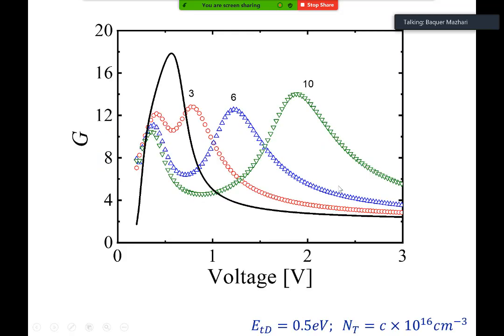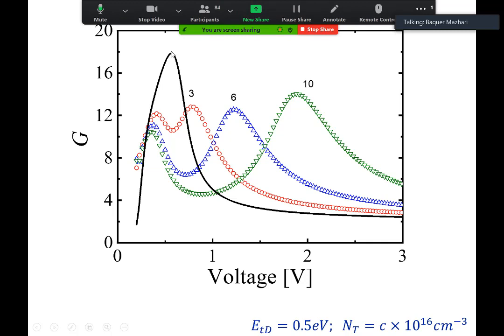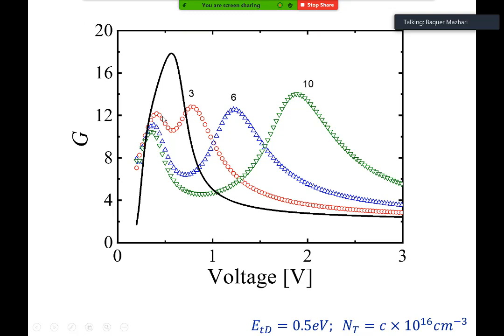For example, in this case, we introduced a trap at one single energy level, but of different concentrations. The black graph shows the ideal characteristics. In the red graph, we introduce a trap at 0.5 eV, with a concentration of 3 times 10 to the power 16.